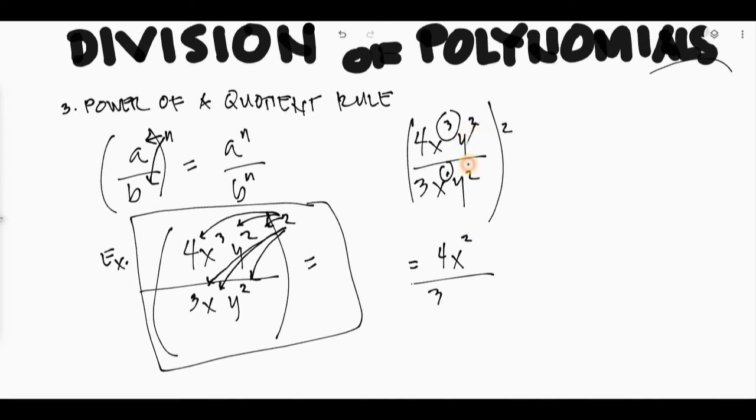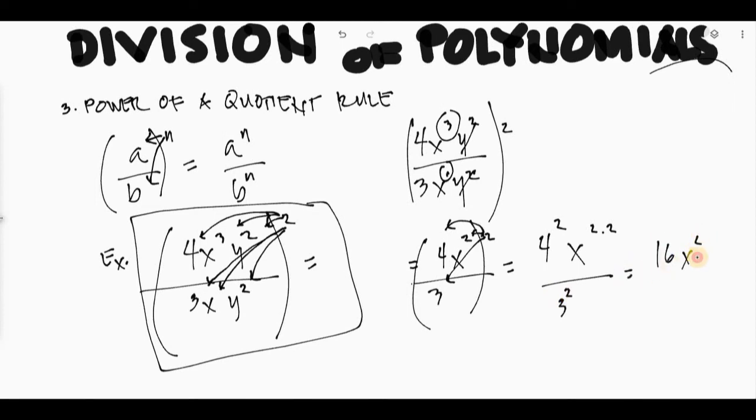Then for this, we cancel since both are squared, so y raised to 2. The exponent 2 outside we will distribute afterwards. That will give us 4 squared x squared times 2 over 3 squared, which is equal to 16 x raised to the 4th over 9. So that is still our answer.